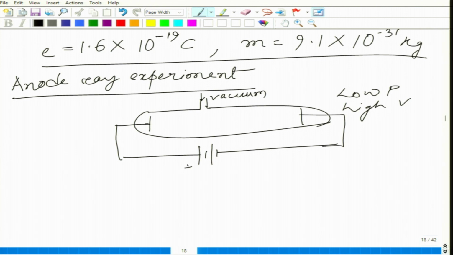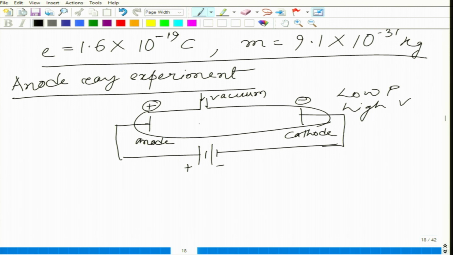Now if this is the positive terminal of the battery, this electrode will be the positive one, that is the anode, and this one will be the negative one, that is the cathode.